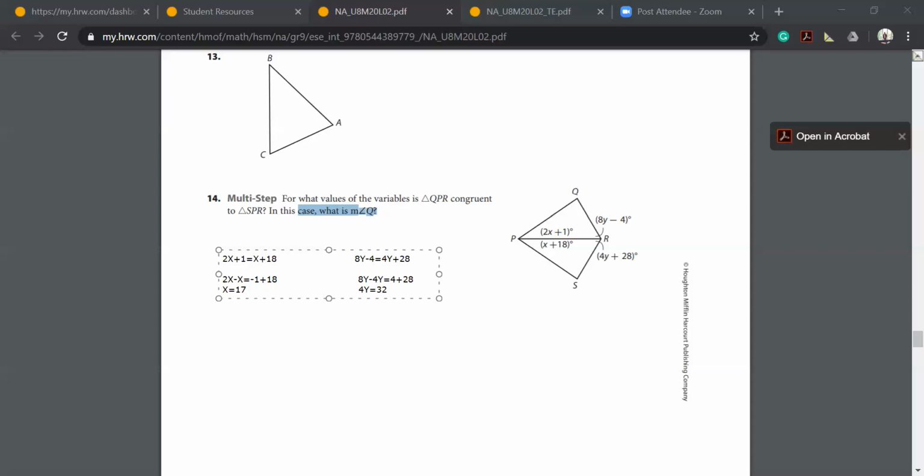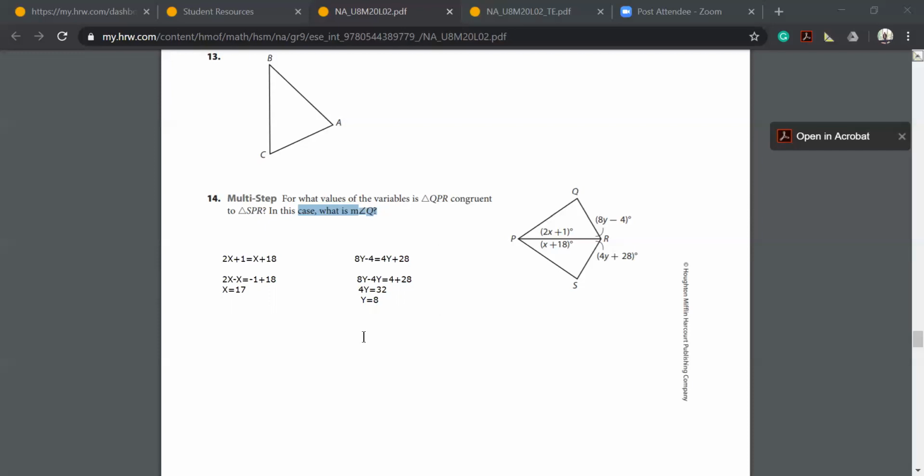And then I have to divide these by 4, right? So by 4 here, by 4 there, y is going to be equal to 8. I found x and I found y, right?